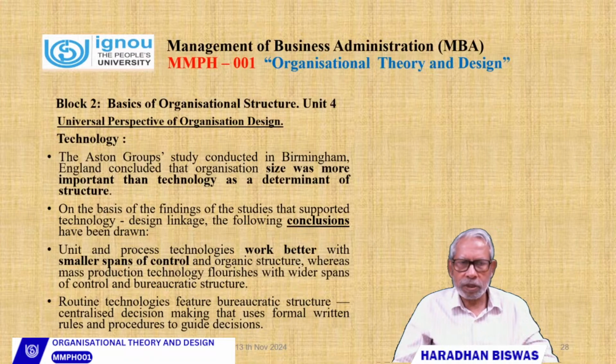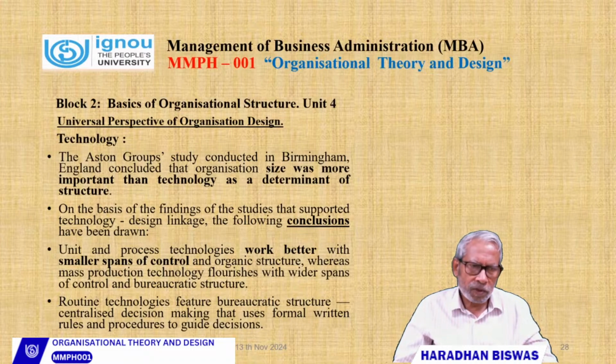Whereas mass production technology flourishes with a wider span of control and bureaucratic structures. So everywhere some benefits are there, and I can say every system has some merits and some demerits.